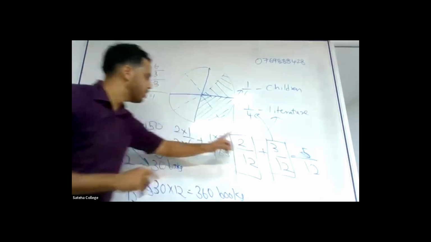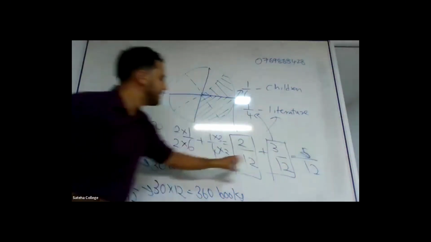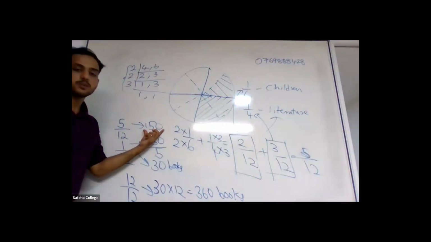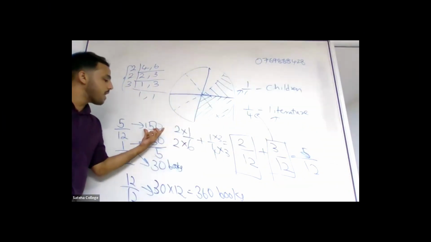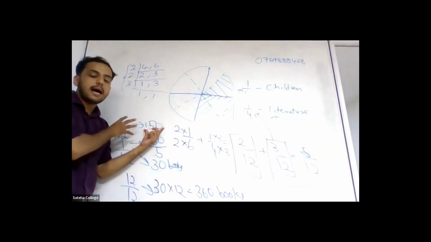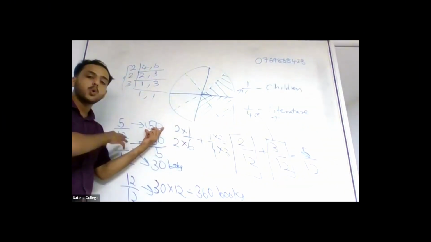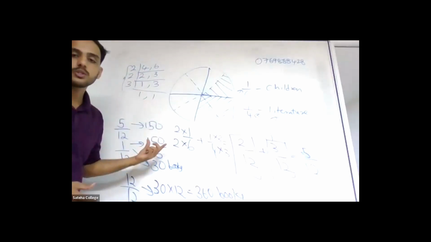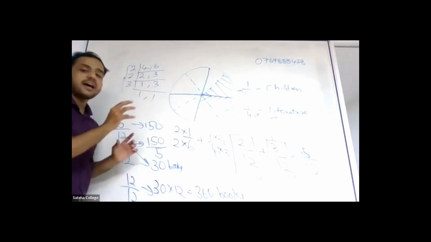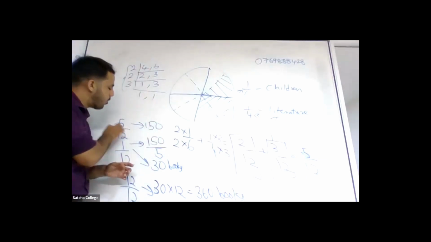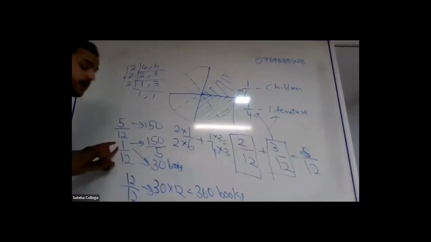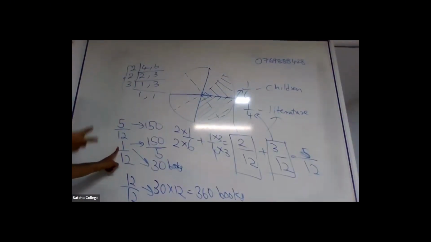Now the next thing they are giving you, this 5 parts is equal to 150 books. So now with this information they have given you, find the total number of books. If 5 parts out of 12 is 150 books, then we find how many books represent 1 part.